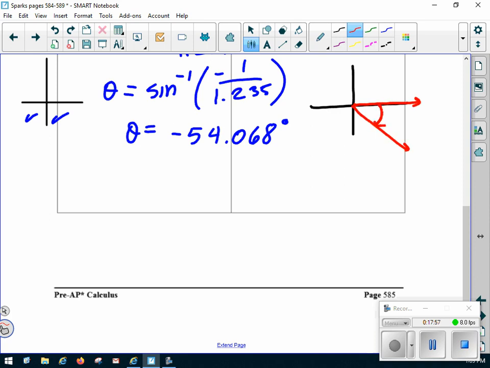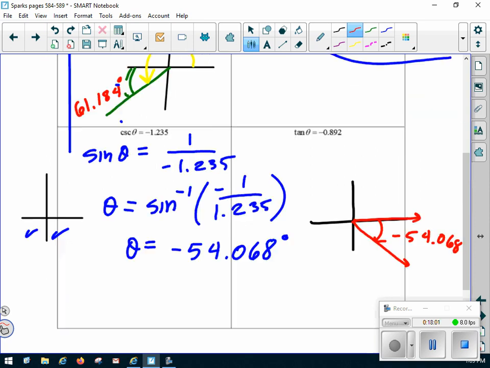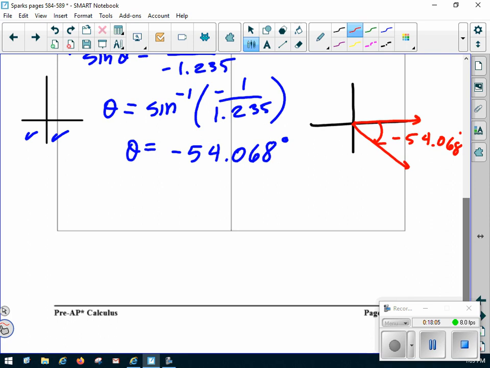Here is that angle, negative 54.068 degrees. That angle's in quadrant 4, but it's not the right name. It's not between 0 and 360 degrees. What I'm wanting is this angle right here. How do I find it?